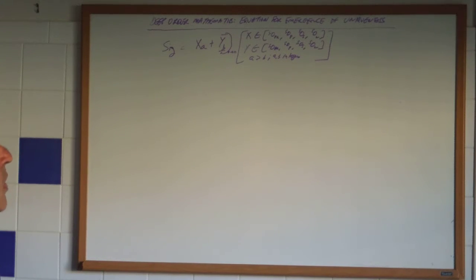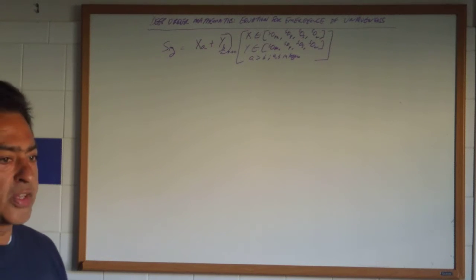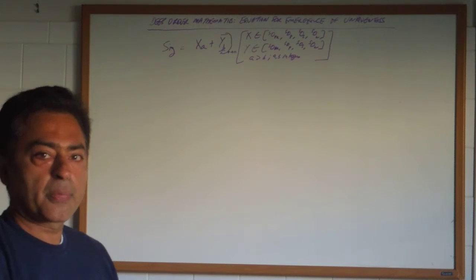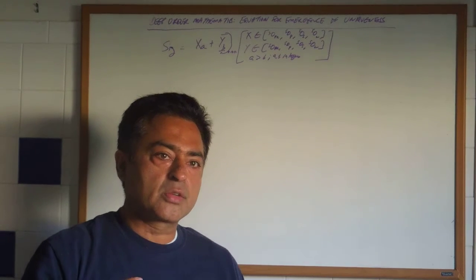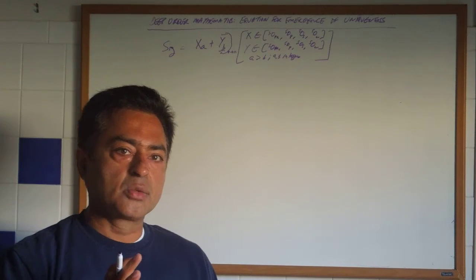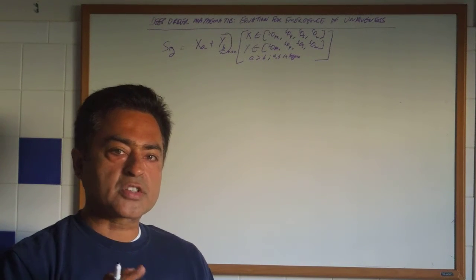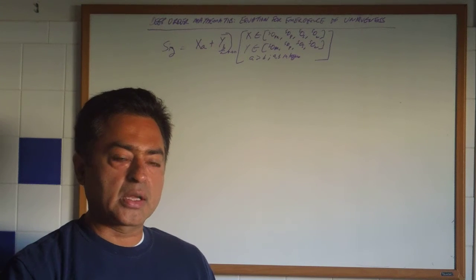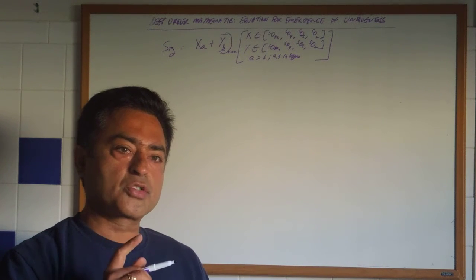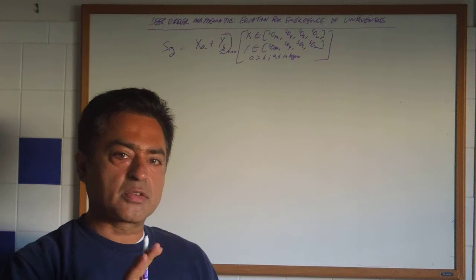Now, when we think about an equation for the emergence of uniqueness, we're going to go back to our universal development model that we had put in place a few weeks ago.